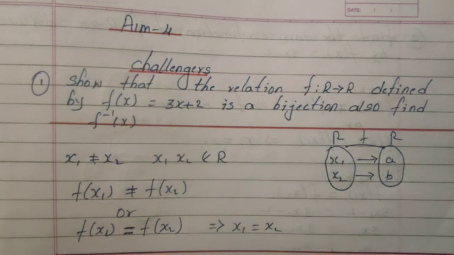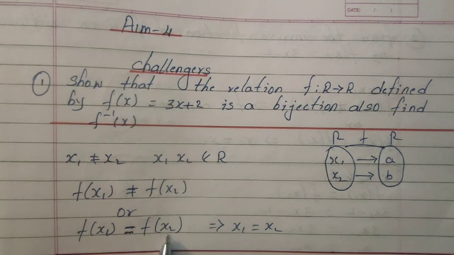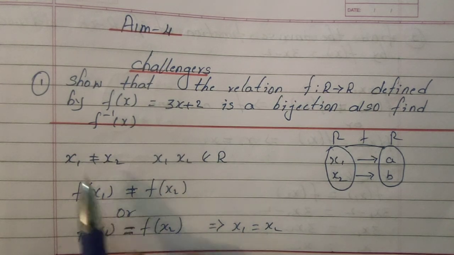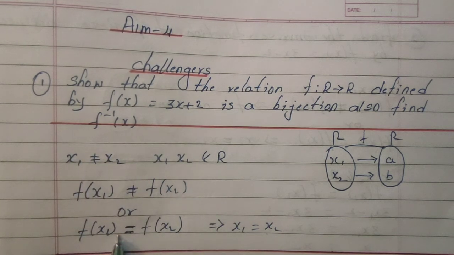In the contradiction method, if I assume f of x1 and f of x2 are equal, then x1 must be equal to x2. This meaning and that meaning are the same.